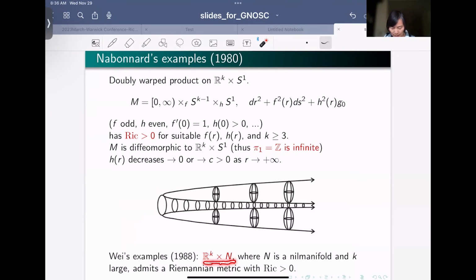But the warped product together also has positive Ricci. So this is the first example showing that the fundamental group of a manifold with positive Ricci curvature could be infinite. Okay, so here it is infinite, and this is nilpotent in this example.